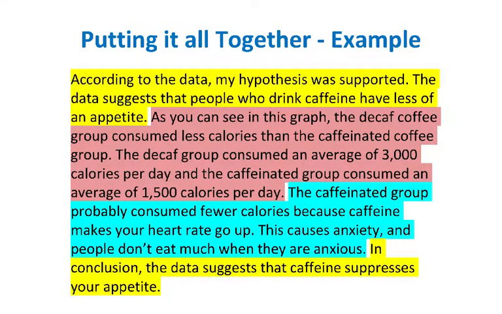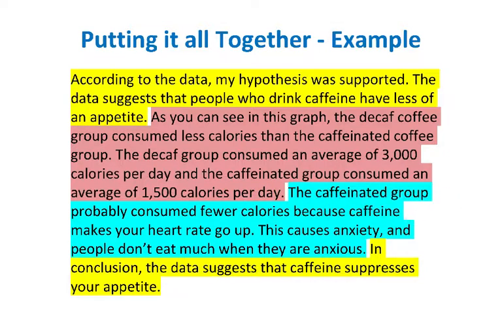According to the data, my hypothesis was supported. The data suggests that people who drink caffeine have less of an appetite. As you can see in this graph, the caffeinated coffee group consumed less calories than the decaf coffee group. The decaf group consumed an average of 3,000 calories per day, and the caffeinated group consumed an average of 1,500 calories per day.